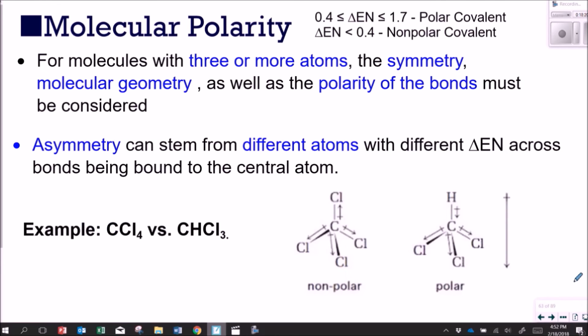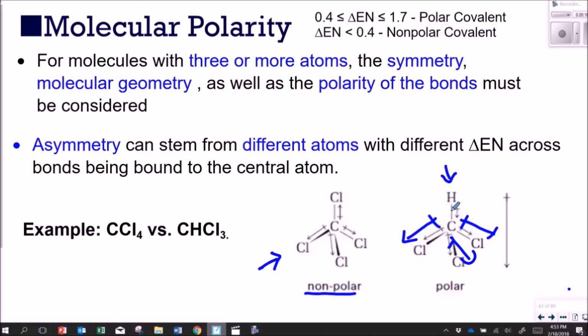Now let's see how asymmetry can affect the molecular polarity. Asymmetry can stem from different atoms having differences in electronegativity across bonds bound to the central atom. So we've looked at carbon tetrachloride being completely symmetrical and therefore nonpolar. But if we replace one of the chlorine atoms with a hydrogen atom, now we have 3 extremely polar bonds between carbon and chlorine, and we have a nonpolar bond between hydrogen and carbon.